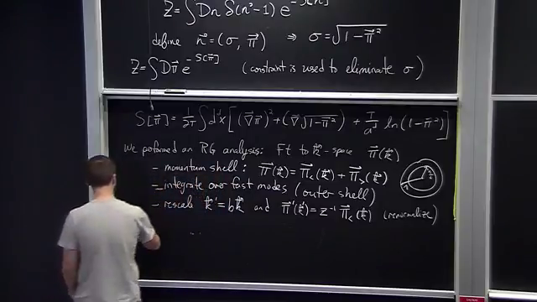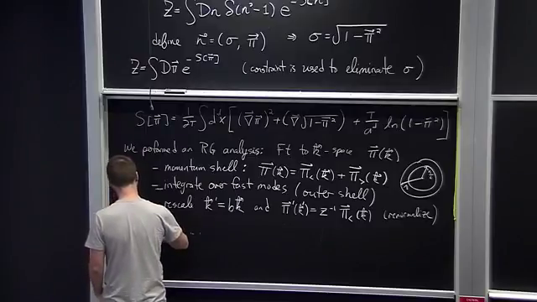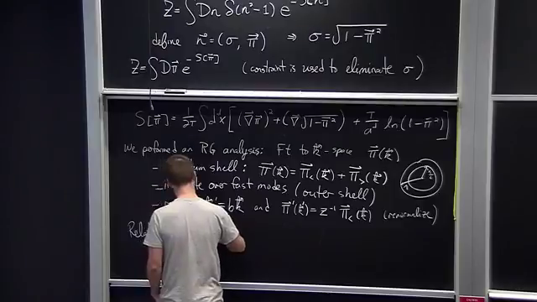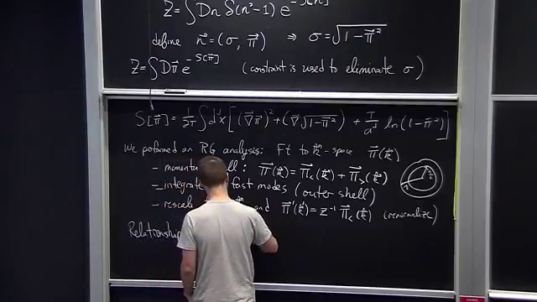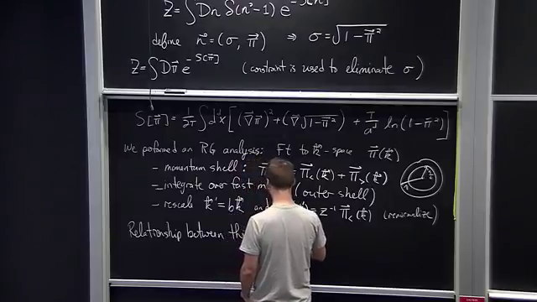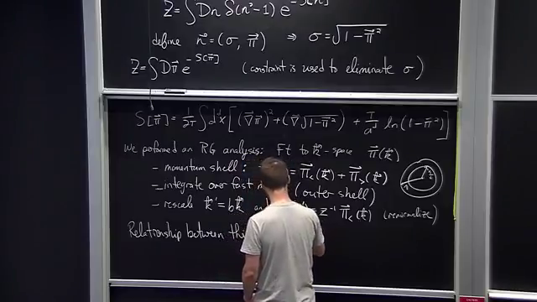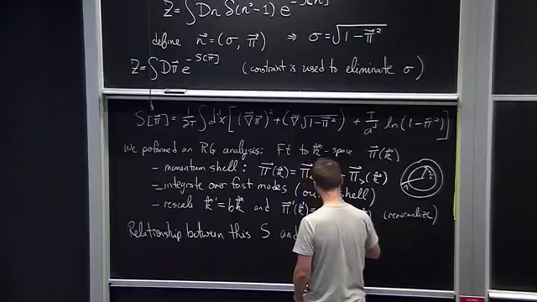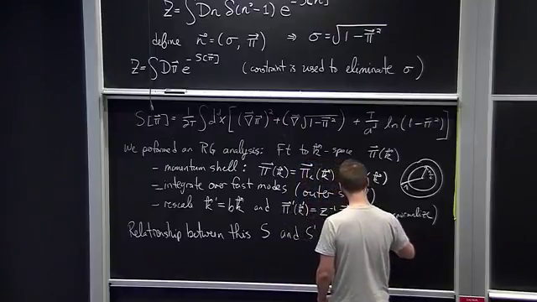So the relationship between this, say, rescaled and renormalized S and the self-similar S prime gives the RG recursion.